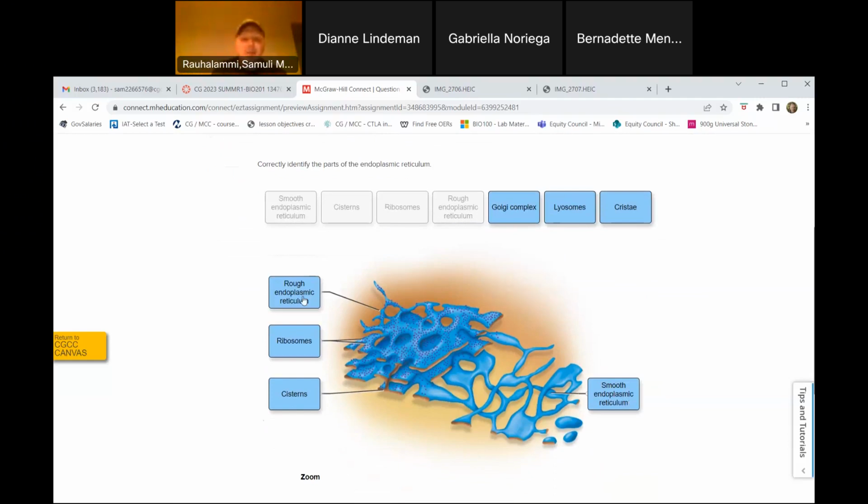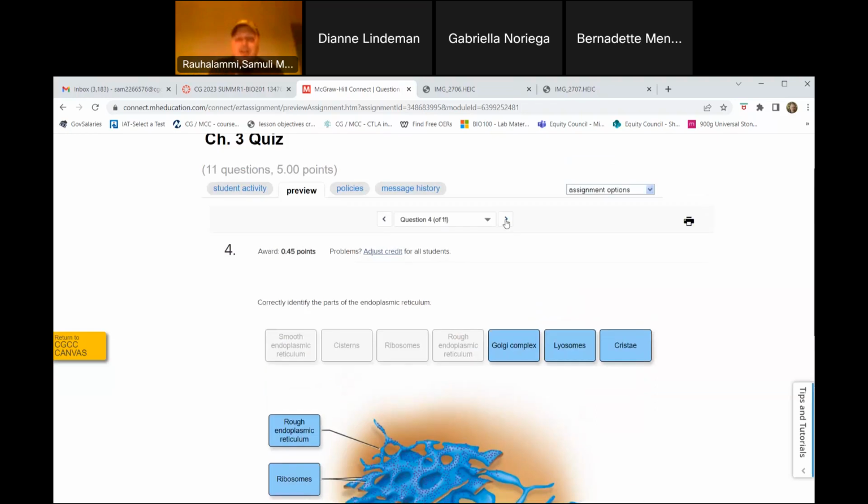And then we had the rough endoplasmic reticulum, which was the site where proteins were made by ribosomes, these little dots on the surface of the rough ER. Cisternae are just folded or flattened sacs of this network of membranes that makes up the endoplasmic reticulum.